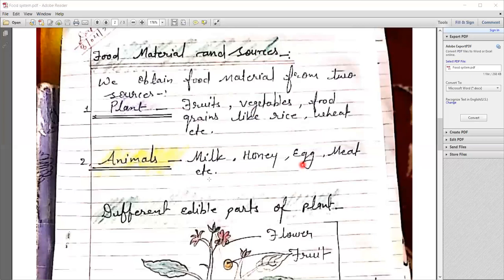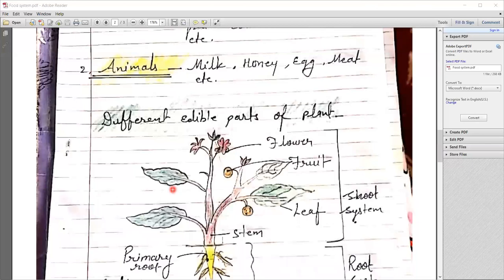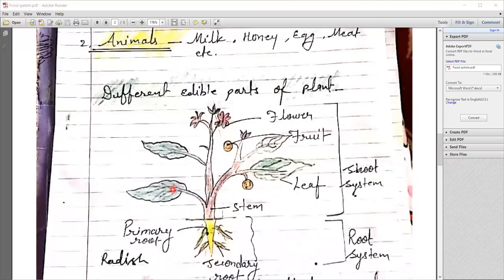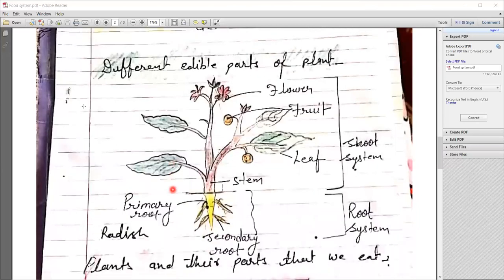First of all, we'll talk about the different edible parts of plants, the food products obtained from plants. So I have drawn one picture, children, that shows the different parts of a plant. Here we can see that a plant is mainly divided into two parts. The first part, which is the underground part of the plant, we call root, or root system.